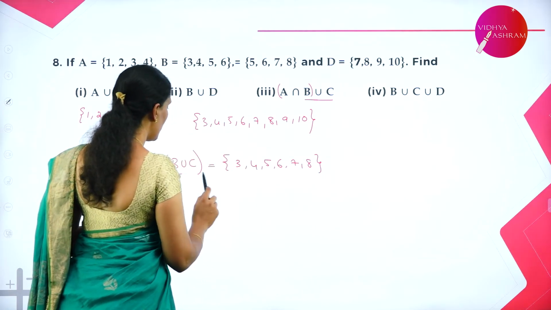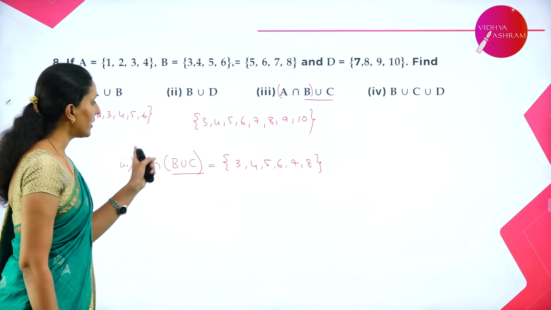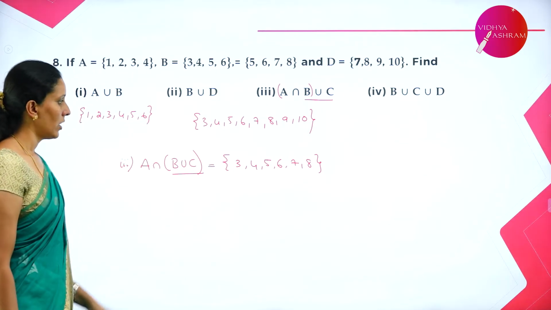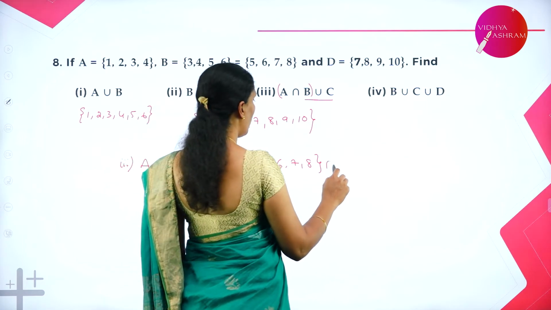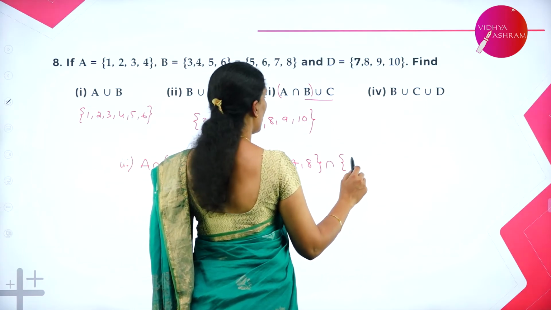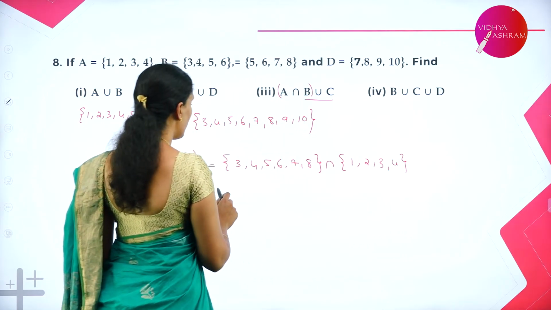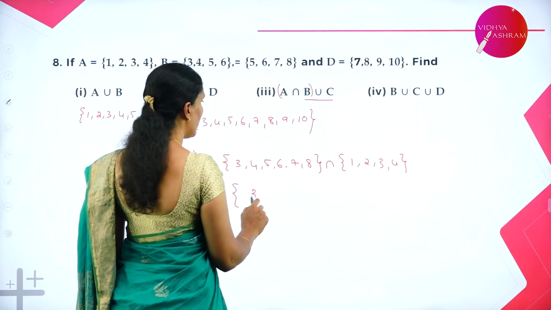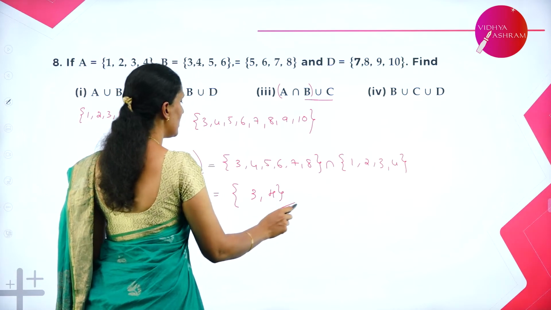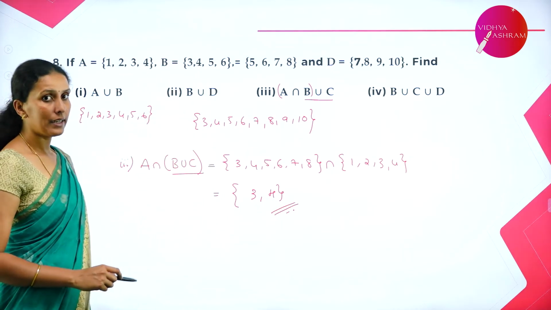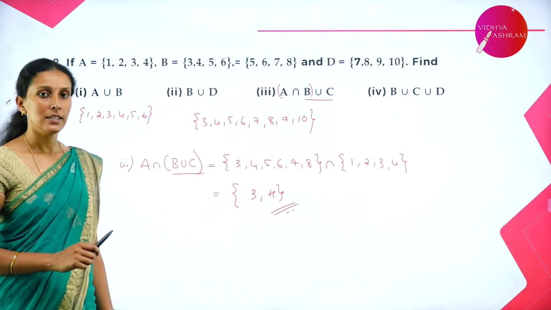Now I need to intersect this with A. Intersecting with A means 1, 2, 3, 4. What are the common elements in these sets? Only 3 and 4. So this gives you the set A intersection B union C.